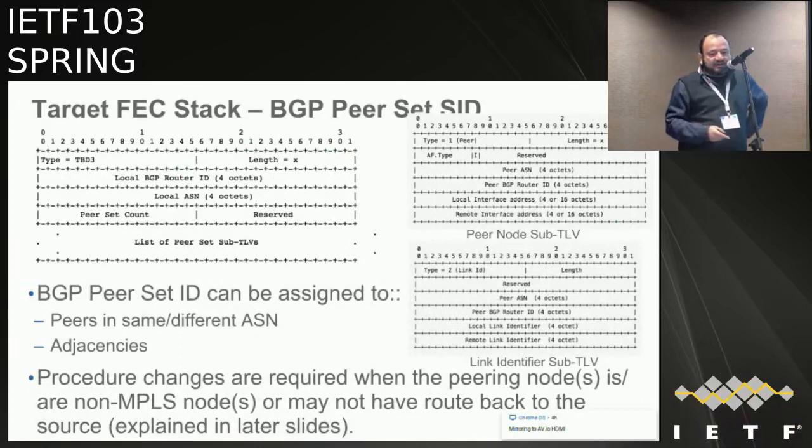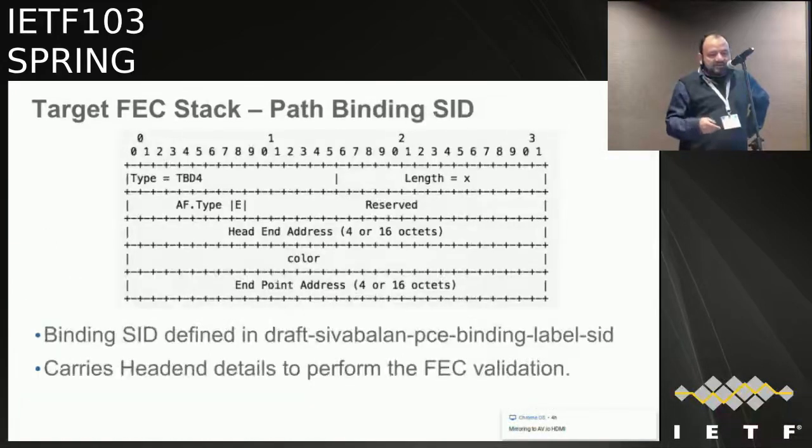Then for the path binding SID, we did put in a FEC, which would be the headend address, color, and endpoint. But the real question is the path binding SID validation procedure. We did define something that initially should set TTL to 1 for the path binding SID validation. The procedures are there in the draft.